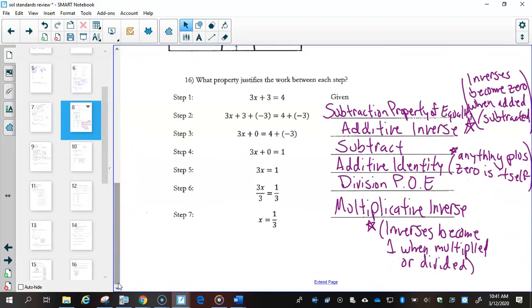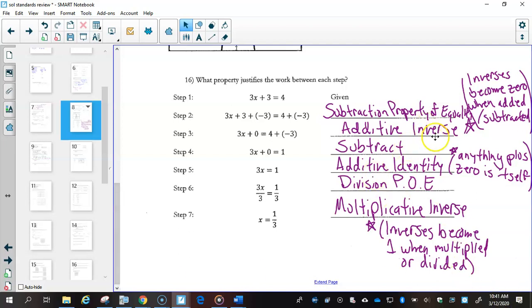I know I put 16 up there already, but just in case you didn't get it, that was the answer to 16 for 4B. I had said that there were some vocab that we hadn't gone over, so I'm going to just quickly go over them really fast. Anytime you see the words property of equality, that just means what you do to one side, you do to the other.